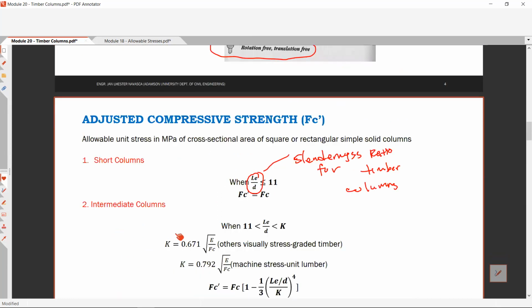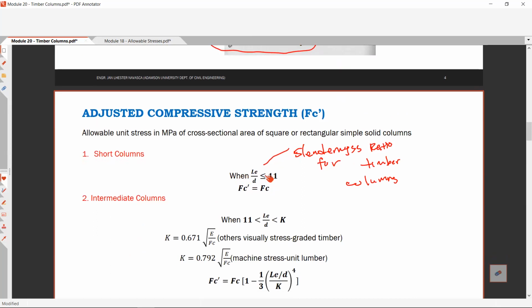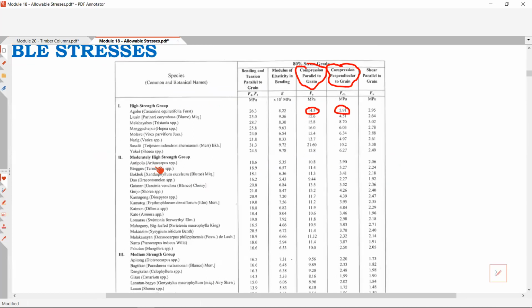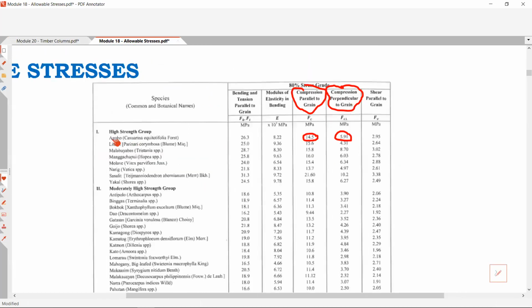Okay, so first criteria is when LE over D is less than or equal to 11, your adjusted compressive strength is already the compressive strength given in the table. So for example, dito tayo sa allowable stress, okay, this one. So for example, gumamit ka ng Agoho 3. Okay, this one is your FC. Ito yung based on the table.